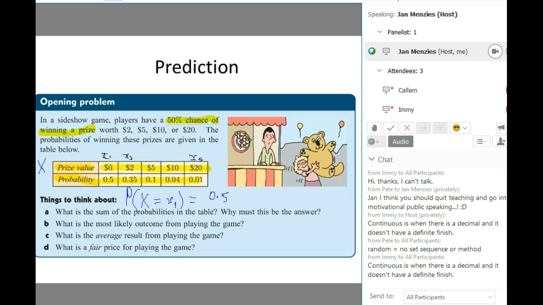All right, so how would you go about working out the chance of winning $20? Excellent.